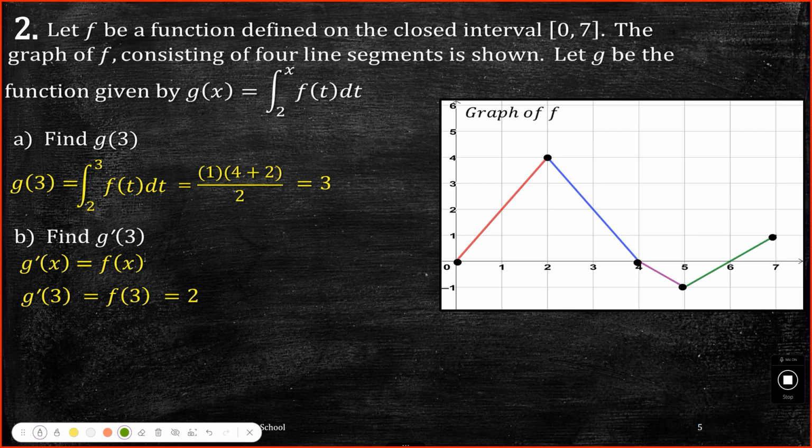Why? Because the graph of f is the velocity, and it's asking what's the velocity at 3. If it's telling you that this is the graph of the velocity, it's telling you what the velocity is at whatever point, no?